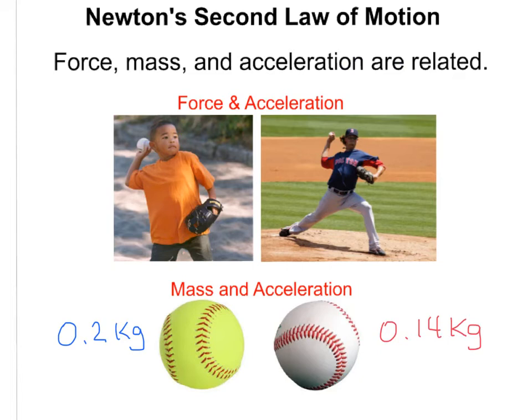This difference in velocity directly translates into its amount of acceleration. Since the softball experienced a lower velocity initially, it's also going to experience a smaller acceleration, smaller velocity in the end. And so we can see here that mass and acceleration are both going to be related as well.